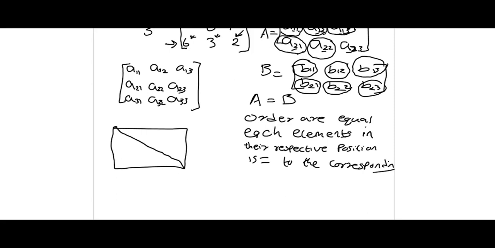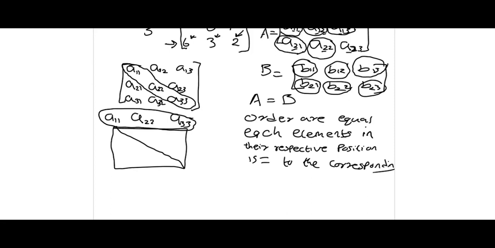Okay, so the numbers that run from here to the opposite corner, then take out all these numbers: A11, A22, A33. So this is the principal diagonal.